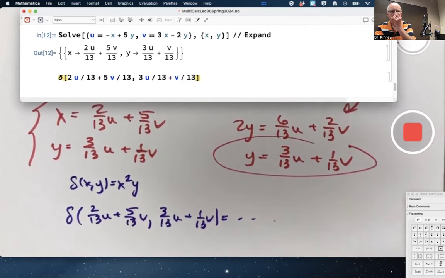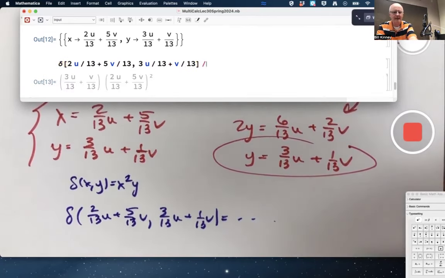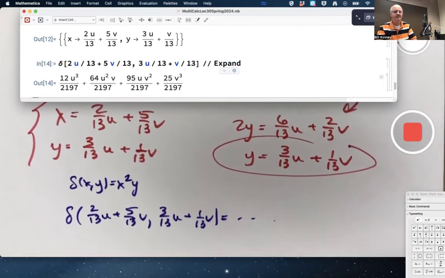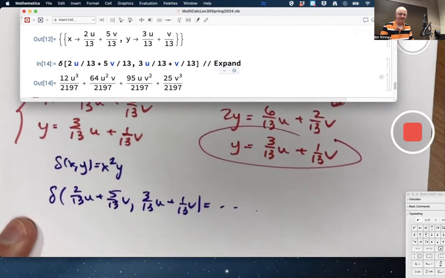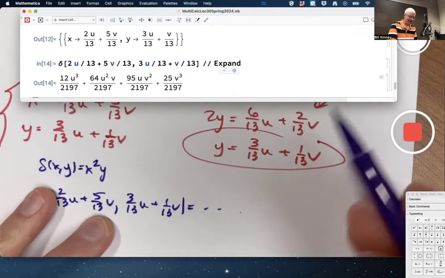Notice what I'm doing here. I'm just plugging those expressions for x and y in terms of u and v into the delta function. Expand it to simplify. Is this worth it?